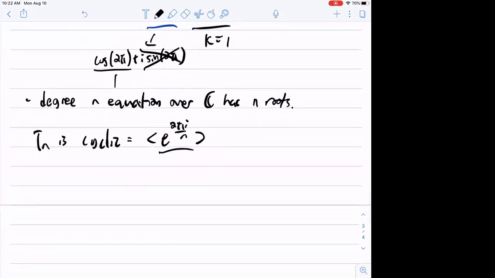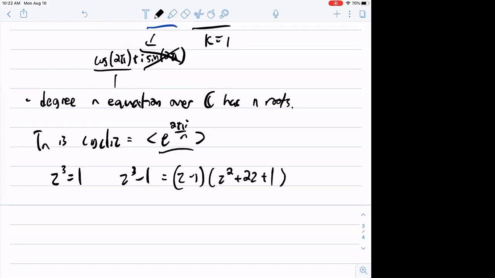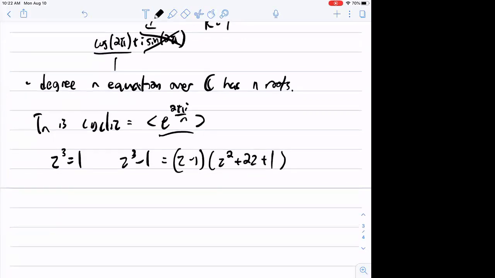So let's do an example. Like z cubed equals 1. This is z cubed minus 1, which is z minus 1 times something. I forgot the difference of cubes formula, but anyway, you get this. So it sort of splits the unit circle into 3, I guess.